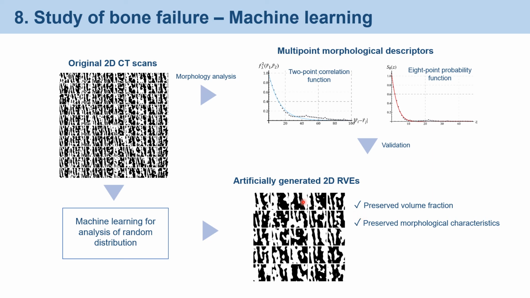The artificially generated representative volume elements have morphological characteristics and volume fraction of real trabecular bone, and therefore they can be used in research of trabecular bone of an individual with no need of further CT data. And also they are suitable for testing of various mechanical scenarios.